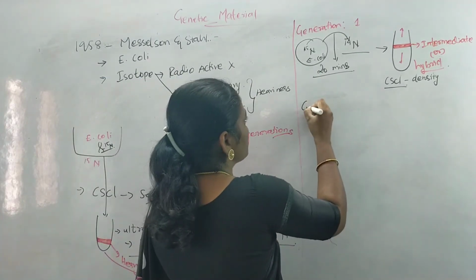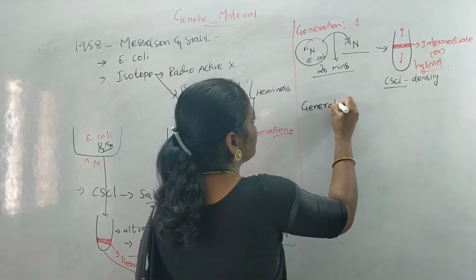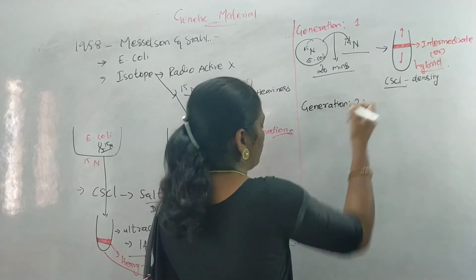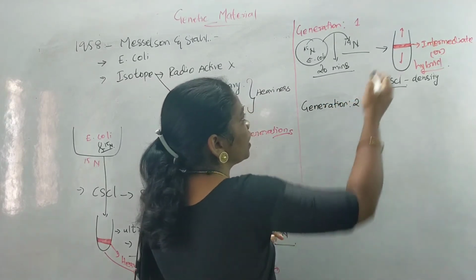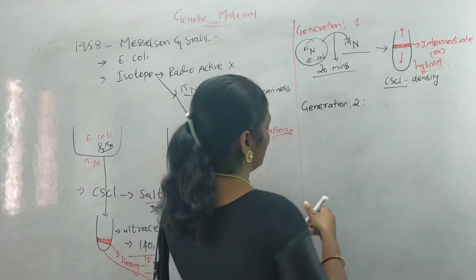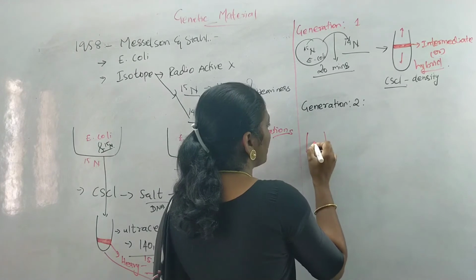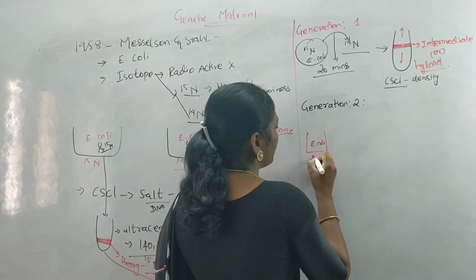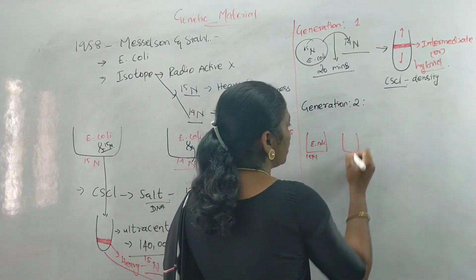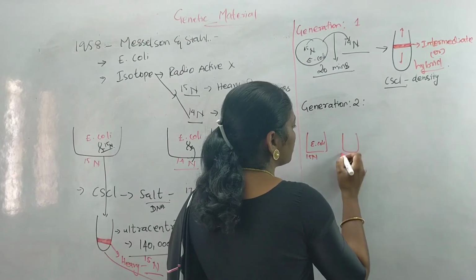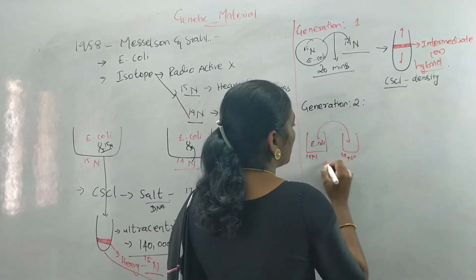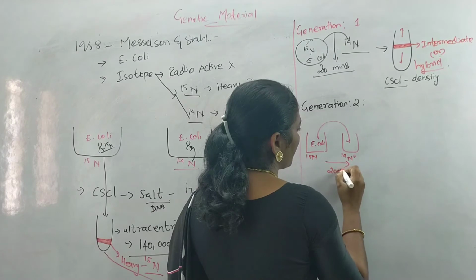The next generation was generation 2. What they have done in generation 2? Imagine it is the first culture where we have got E. coli in N15 medium. These E. coli were transferred to N14 medium for 20 minutes.